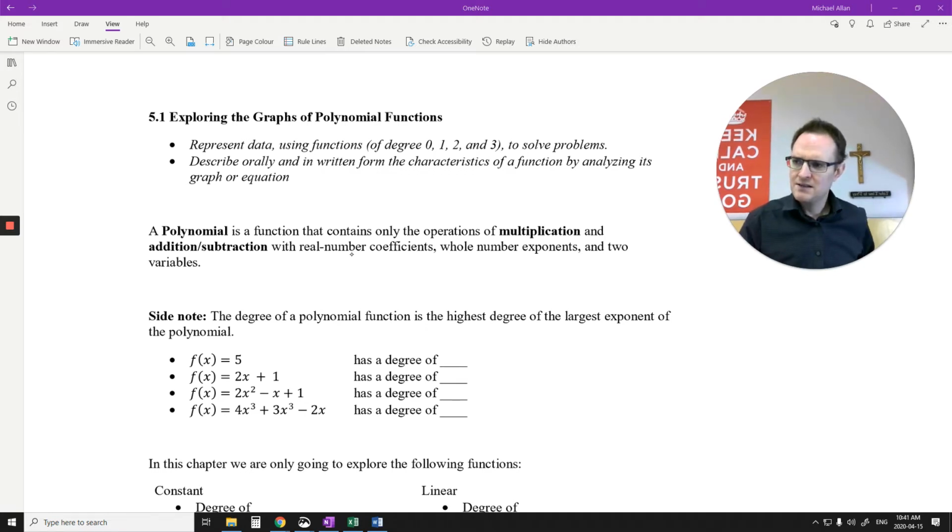So a polynomial, if I just want to think about a general polynomial, this is function notation. I'm going to name my function f. So this is the name of the function, right? This down here, when I put in the brackets like this, it says f of x. The inside part here is the input to the function.